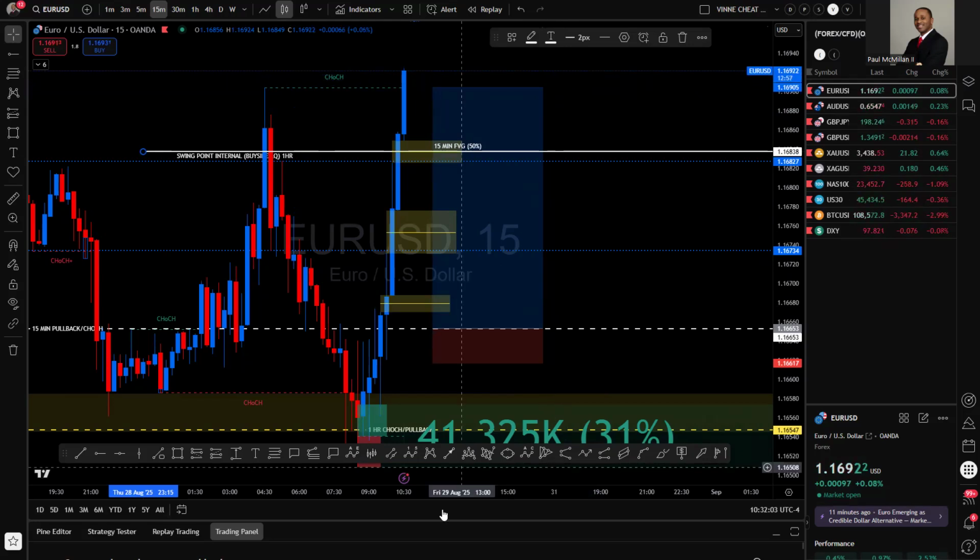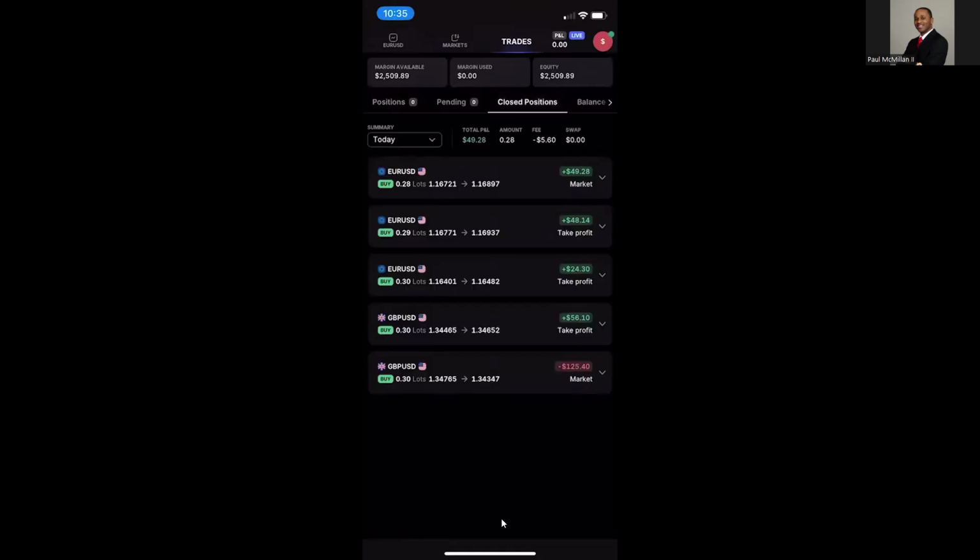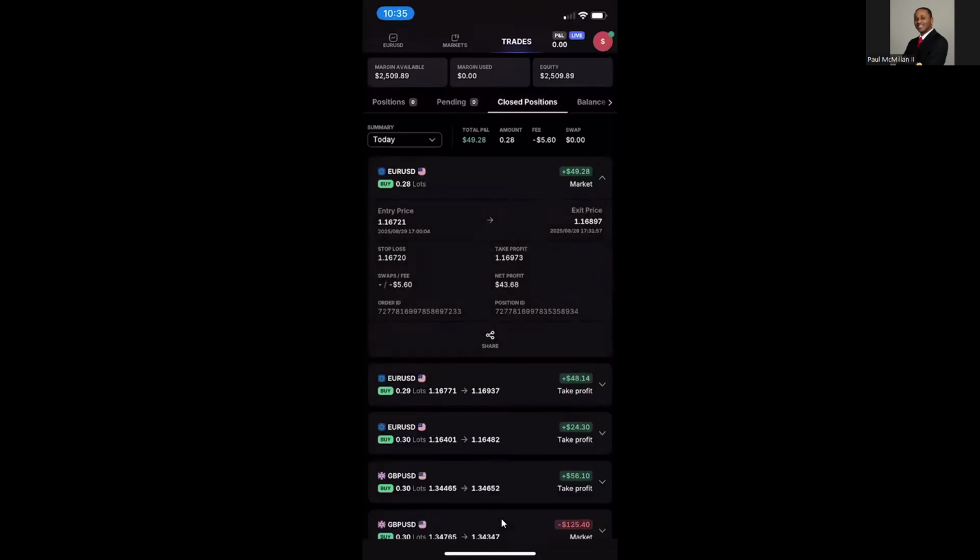Let me go ahead and document the results real quick. Let me share the results with you guys, and then we'll go over this trade and wrap it up for today. As you can see, we made $49.28.